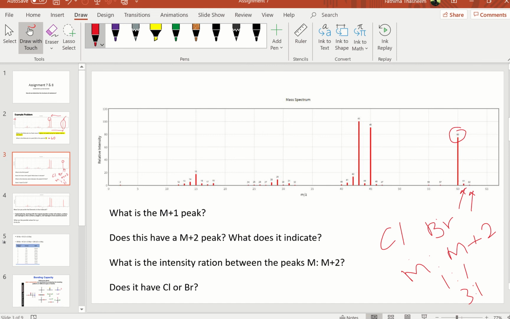If it is 1 to 1, it is an indication of bromine. If it is 3 to 1, it is an indication of chlorine. But according to the data, it is none of them. So we say, okay, then there is no M plus 2 peak. The 62 may be an isotope of another element, maybe hydrogen or oxygen. So that is what we get from looking at this mass spectrum.